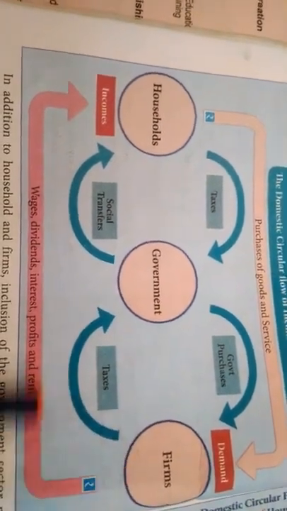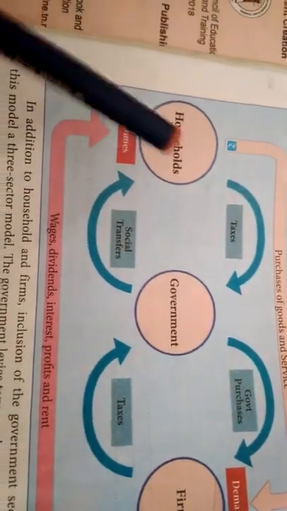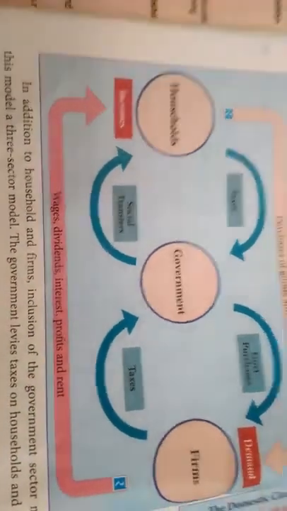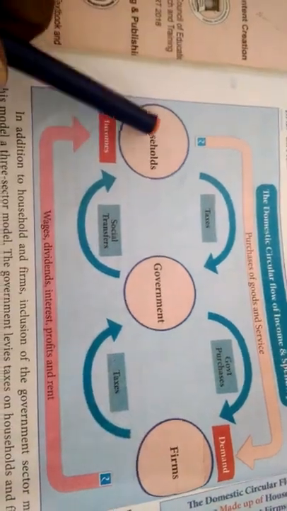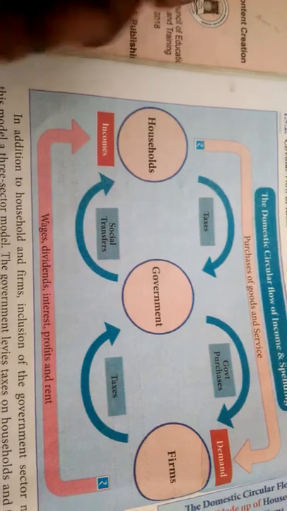Next, the firm also provides wage, dividends, interest, profits and rent in the form of income. So the income of the household is provided by the firm, and the demand of the household is created by the firms, right?